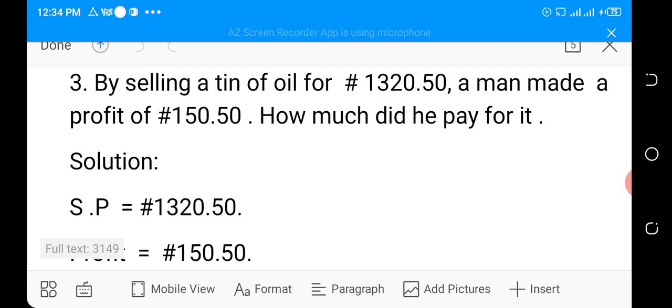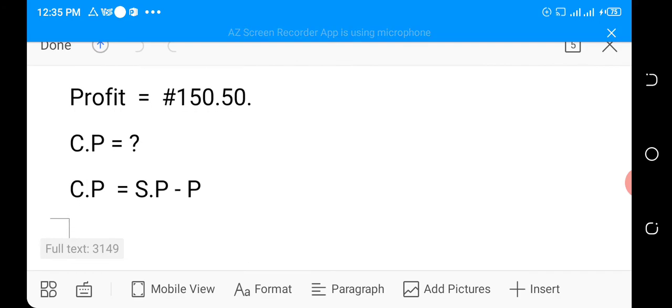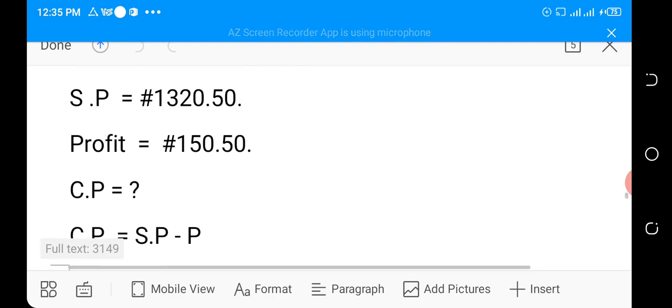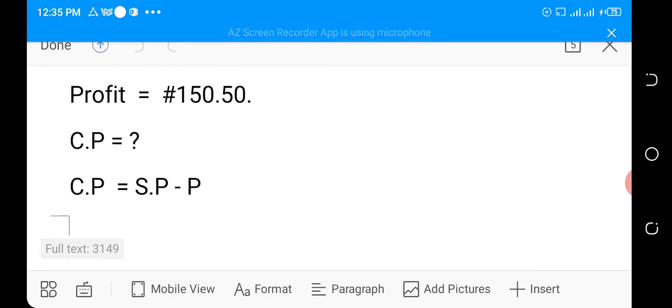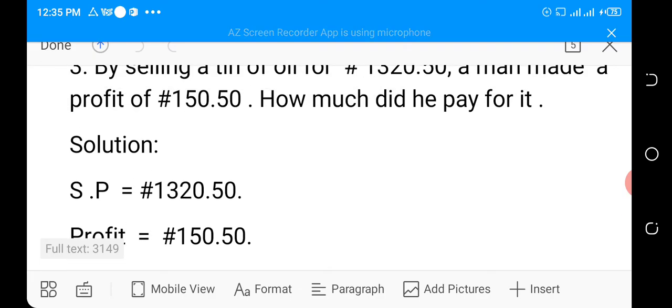Looking at the definition of cost price, we said cost price is the amount paid for an article. Therefore, here we are asked to calculate cost price. So the formula for cost price will be what? Selling price minus profit.